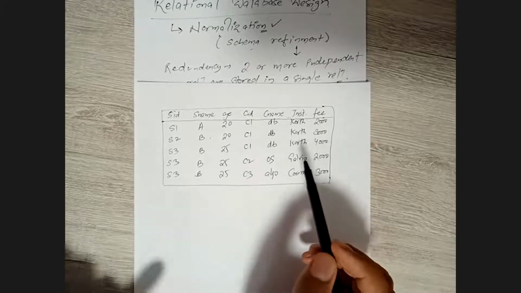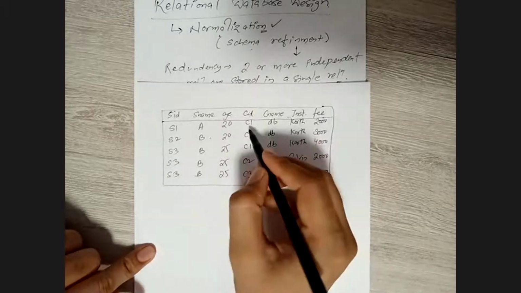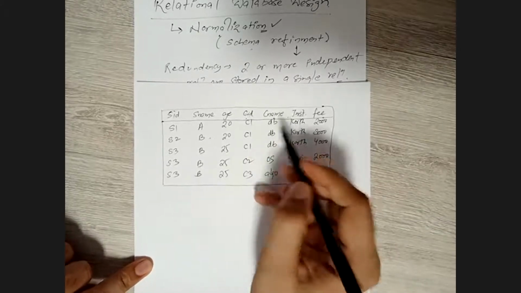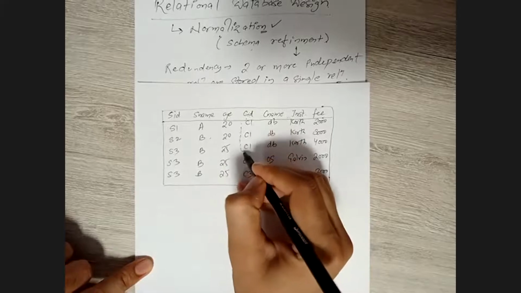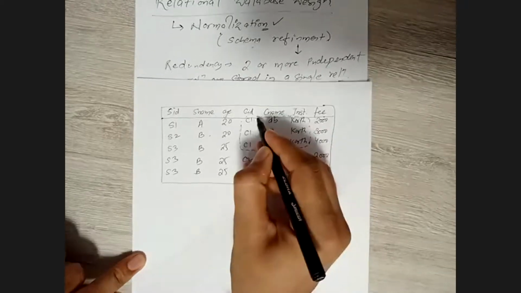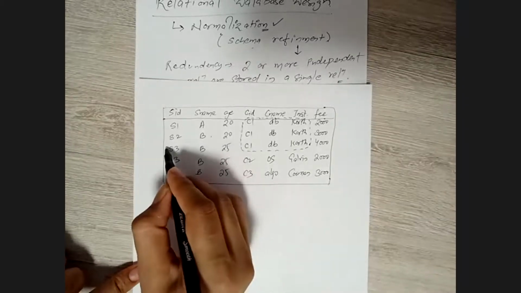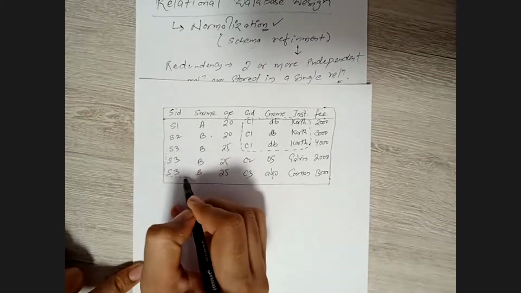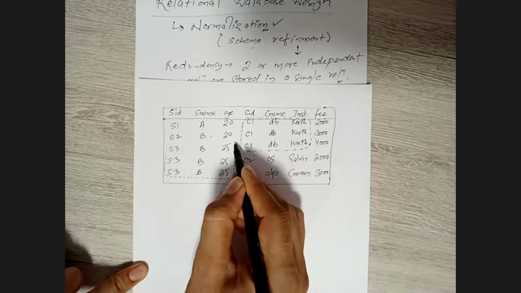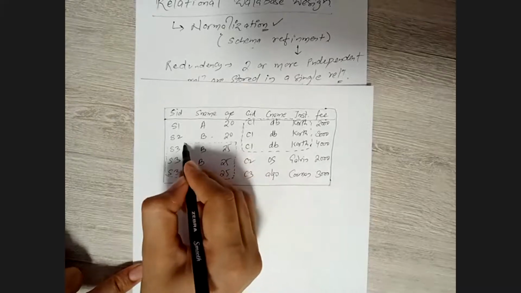If you look at this table, notice that in CID, CNAME, and instructor, these values are repeating. Yes or no? Also, take student ID S3: the same student name with the same age is enrolled in different courses with CID C1, C2, and C3, and this is being repeated.